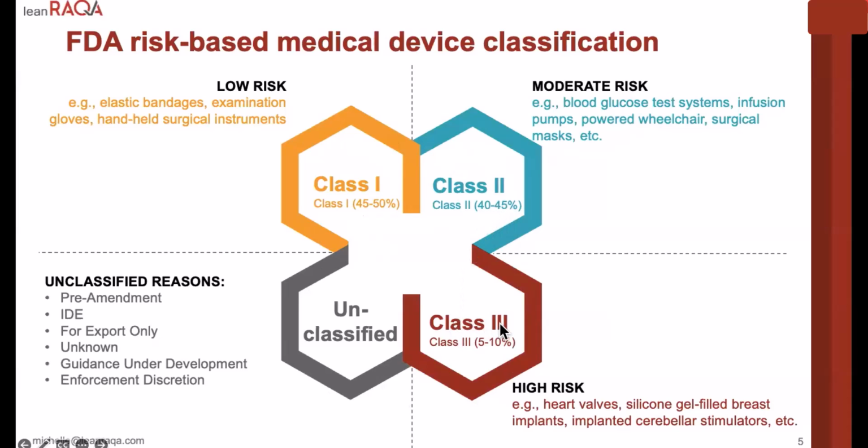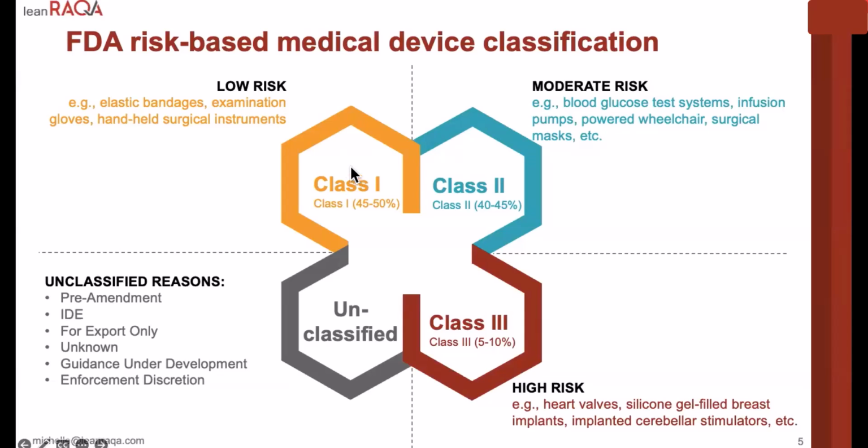And class 3 is generally about 5 to 10%. There are a set of unclassified devices, meaning that there are really no regulations around them. And this could be for a variety of reasons. Most of them are pre-amendment or existed before the product-specific regulations came into effect.